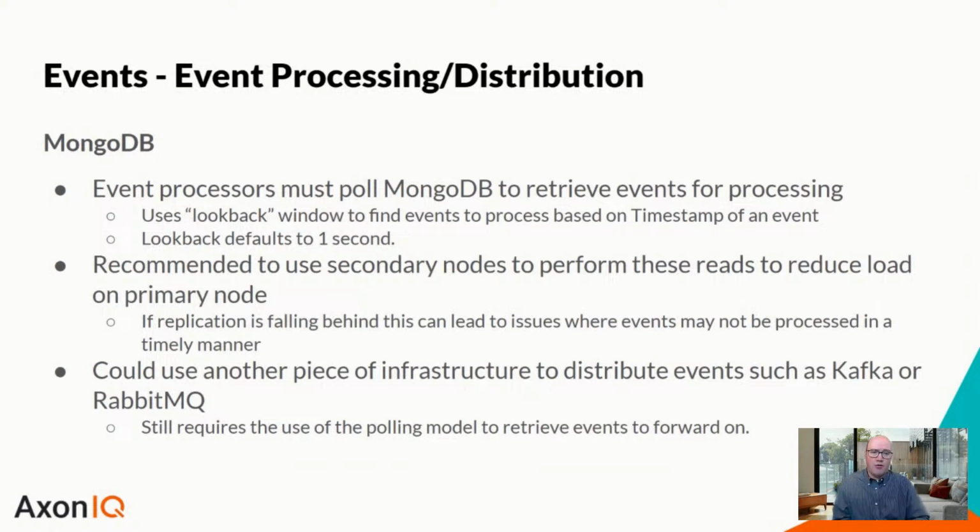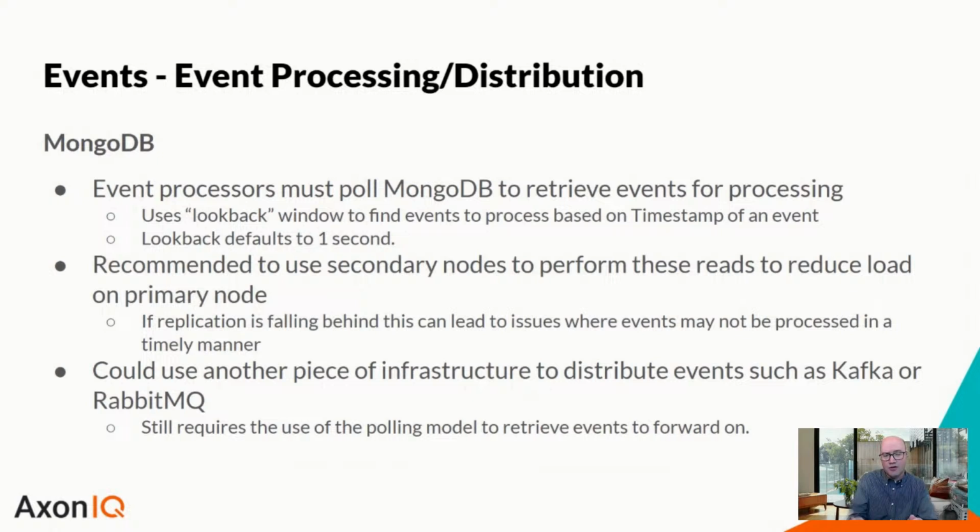But there's a lookback window used when we do this with MongoDB, because the timestamp is being used as the index of where an event is in the event stream. As things get written, maybe we end up getting ahead, so we may not see a given event because of replication to the secondary nodes.